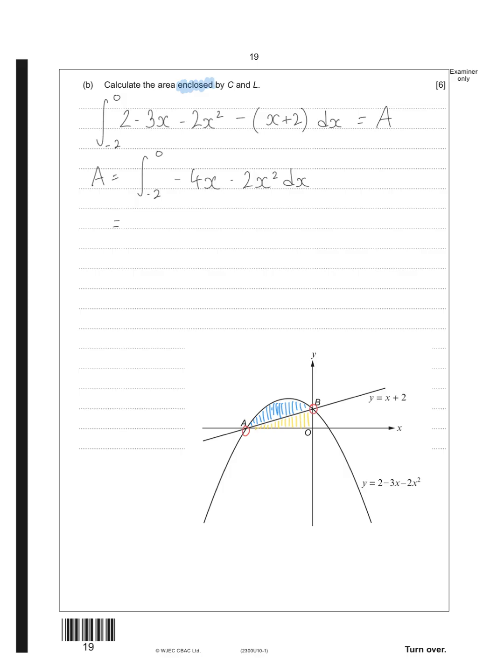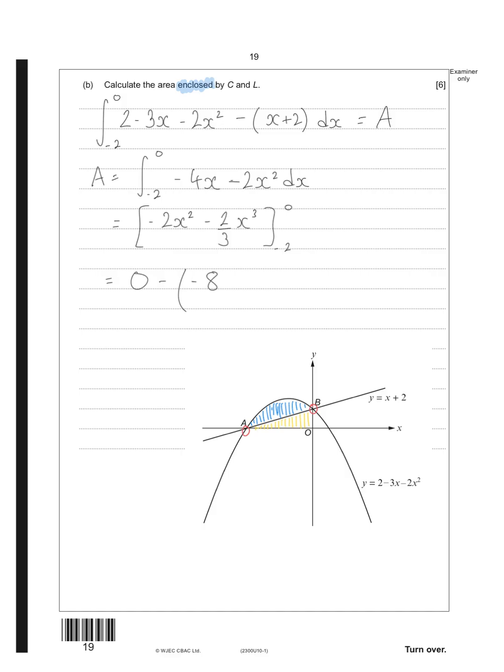Okay, both of those are terms that we know how to integrate. So when I integrate minus 4x, I'm going to get minus 2x squared. When I integrate minus 2x squared, I'm going to get minus 2/3 of x cubed. But my limits are minus 2 and 0. So when I put 0 in, I'm going to get 0. When I put minus 2 in, well, I'm going to get minus 2 times minus 2 times minus 2, which is minus 8.